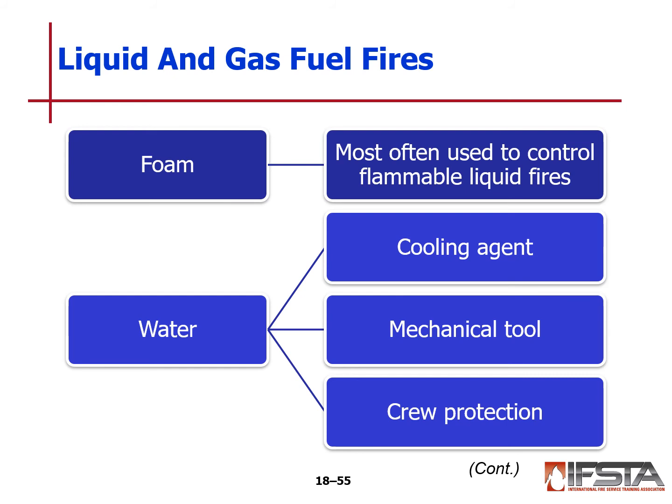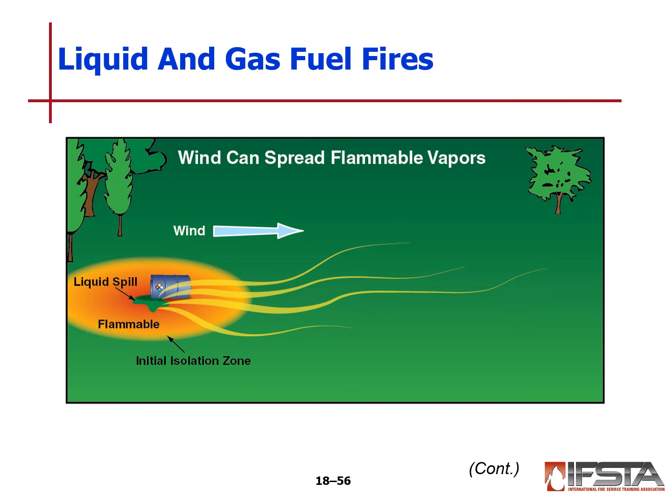Foam is most often used to control flammable liquid fires. Water is used as the cooling agent, a mechanical tool to move our blanket around, and for the protection of the crew. Wind can spread flammable vapors. Again, we want to be upwind, uphill.